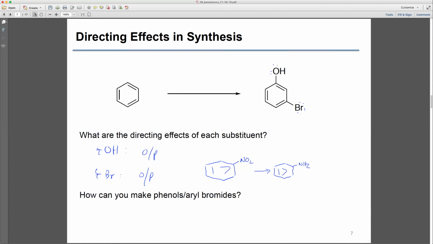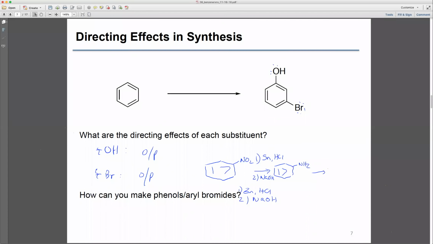The book also uses just zinc and HCl, which would also have to be followed by NaOH to get the neutral amine out there. You can do this under hydrogenation conditions with H2 and a metal catalyst. So there's a variety of reductions that can transform a nitro group to an amino group. I just want you to be aware of that.